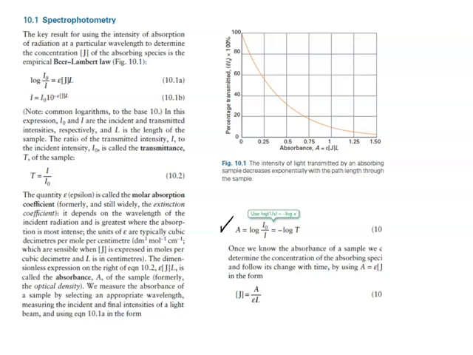Once we know the absorbance of a sample, we determine the concentration of the absorbent species and follow its change with time by using the form below in equation 10.